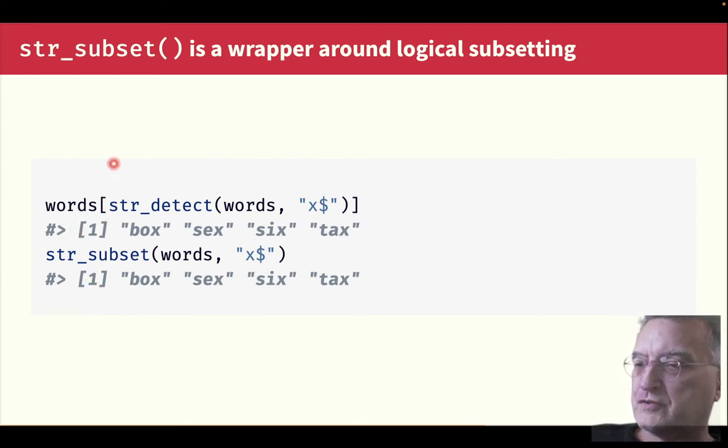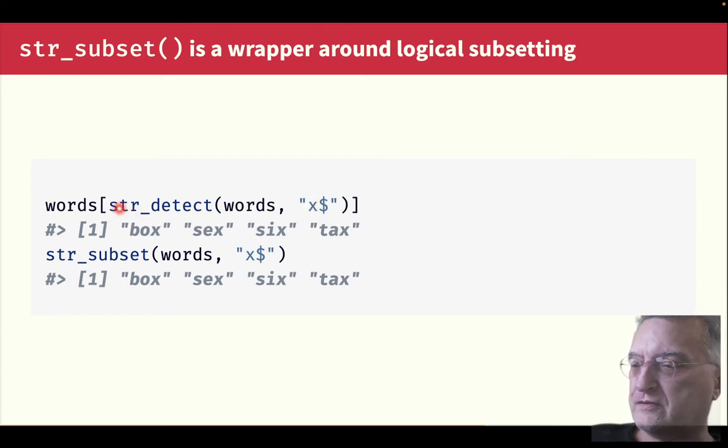str_subset is a wrapper around logical subsetting. So str_detect within the common words vector, words that have X at the end, and there are only 4 such words. str_subset will actually return these.